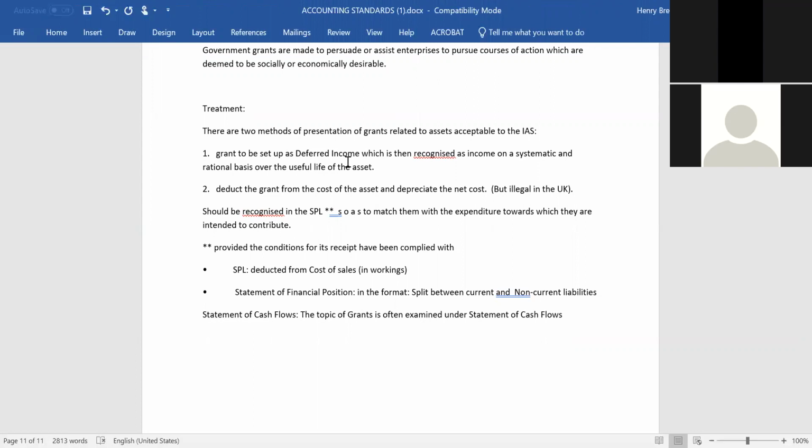Second, deduct the grant from the cost of the asset and depreciate the net cost. You can look at it just like in the case of the UK perspective, right? So we can still recognize a portion in the statement of financial position and the statement of P&L. Government grant creates a revenue and a cash flow, and hence we can also record issues of grants in the statement of cash flows, right?